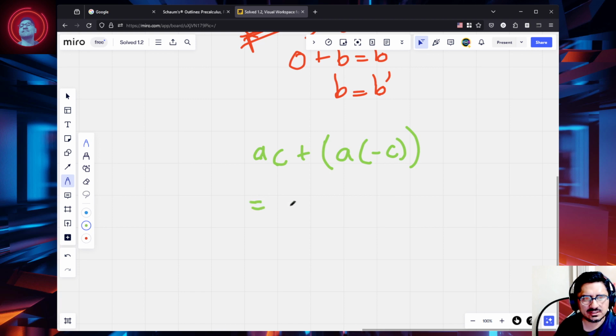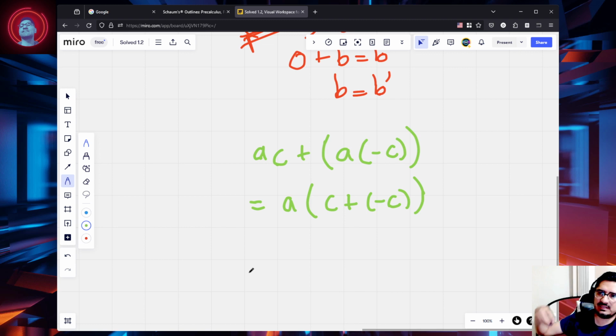Because of the distribution law applied in the other sense, we can just factor a. Remember, the distribution is what we saw yesterday. And because c plus negative c is 0, let me just do this.